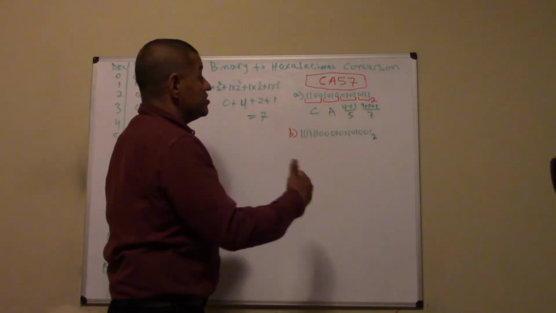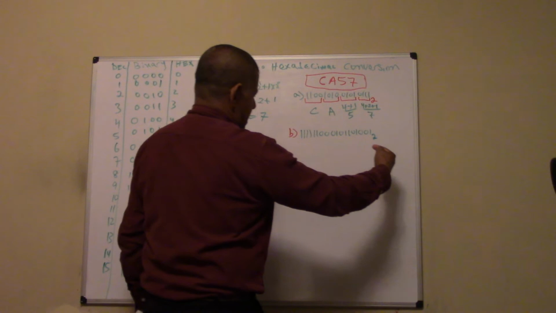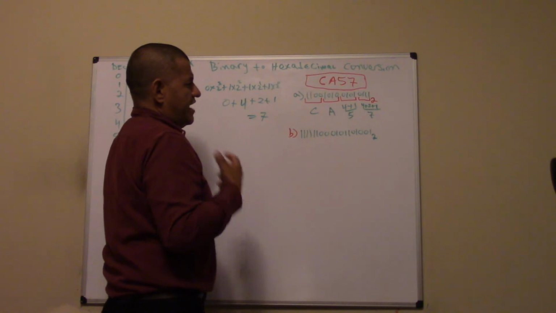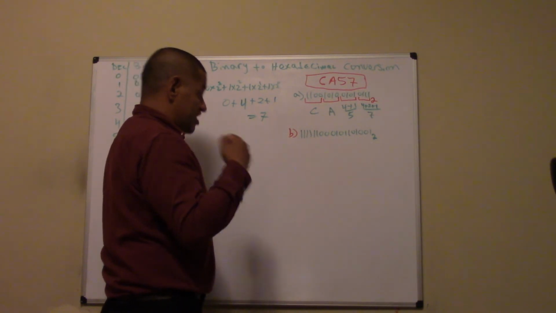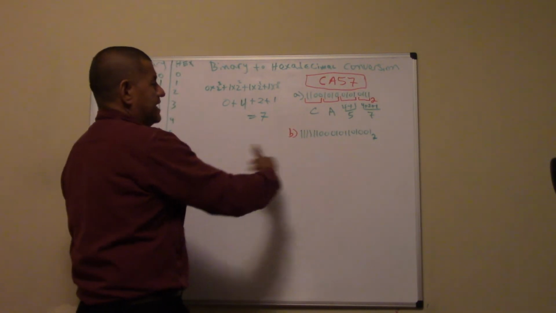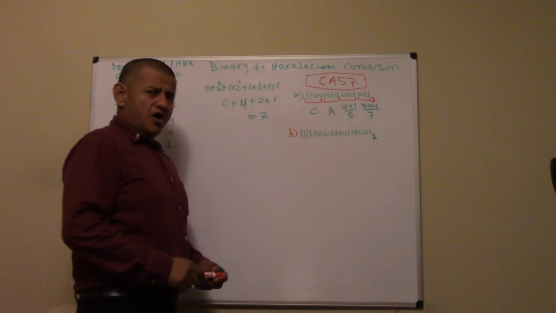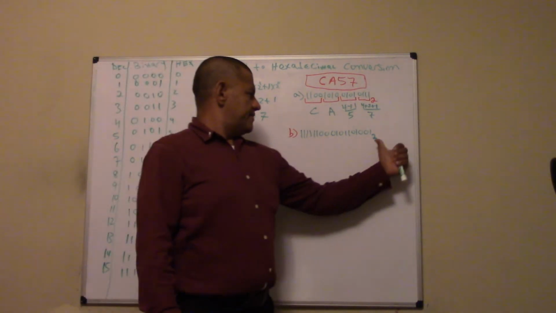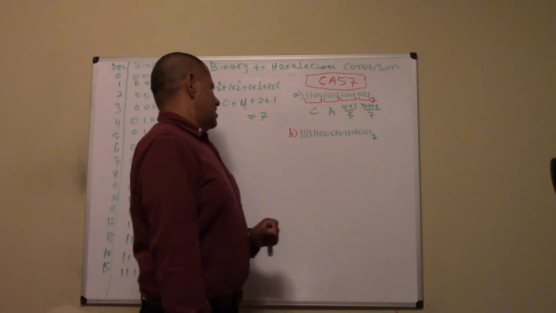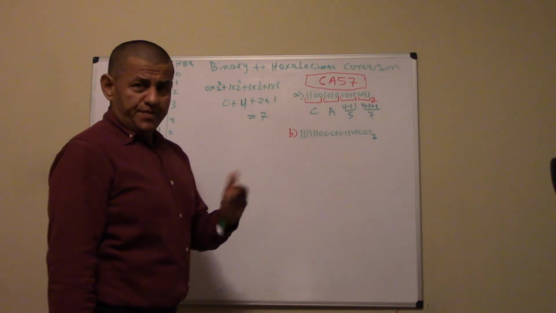And the reason why I start from right to left is because if I need some zeros to complete a 4-bit block, I can add it to the left here, but to the right is going to create problems. So I want to add 0 to the least significant bits if I need to complete a block, a block of 4 bits.